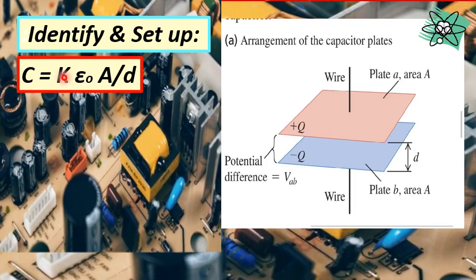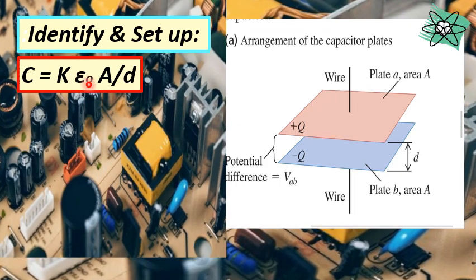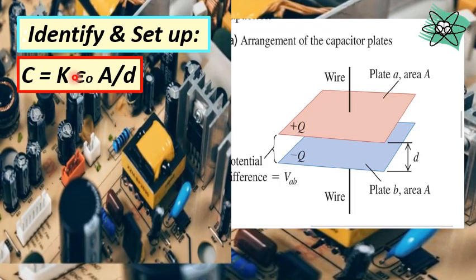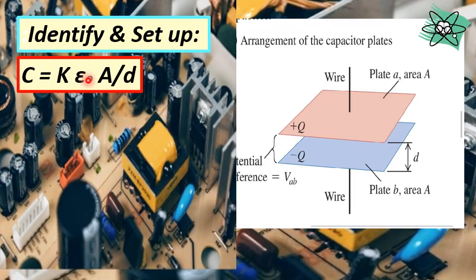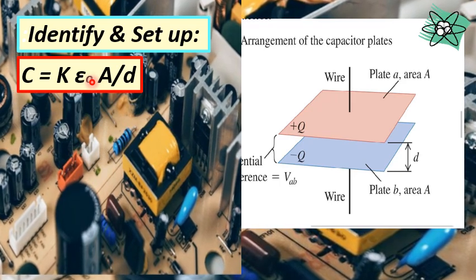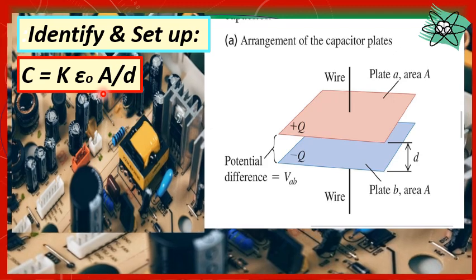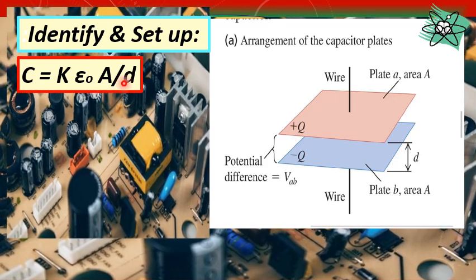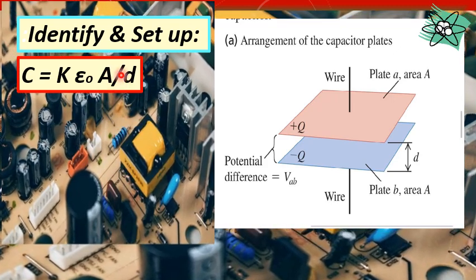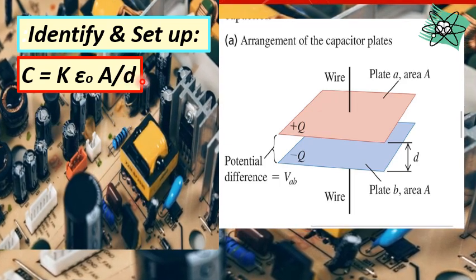This is the Greek letter kappa, multiplied by another constant, epsilon naught, which is also known as the permittivity of free space, and then multiplied by the area of the charged plate.